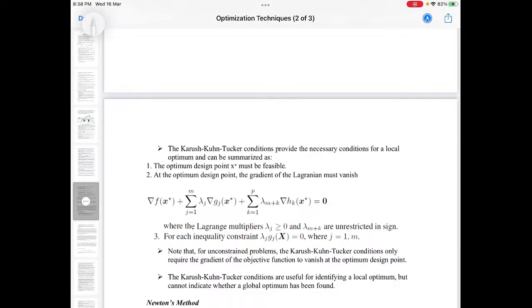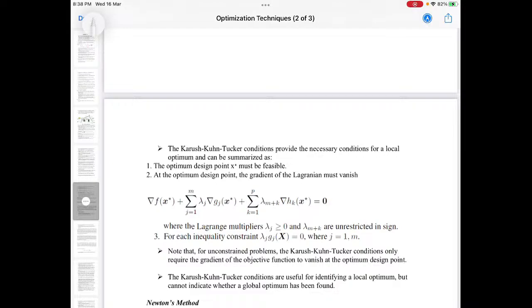Note that for unconstrained problems, the Karush-Kuhn-Tucker conditions only require the gradient of the objective function to vanish at the optimum design point. As you have seen, the gradient of the original objective function should vanish at an optimum design point.